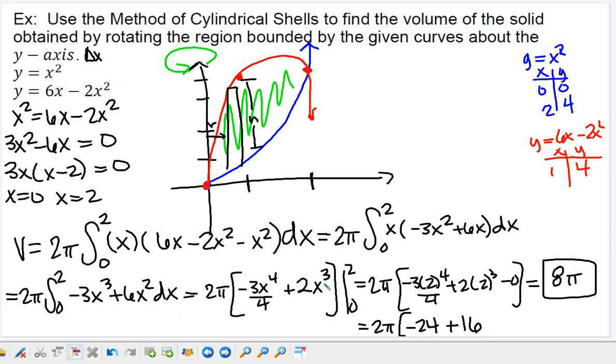No, this should be 16. Here. 2 to the 4th is 16, divided by 4 is 4, times 3 is negative 12. And 16 minus 12 is 4, and 4 times 2 is 8 pi. I had enough room.